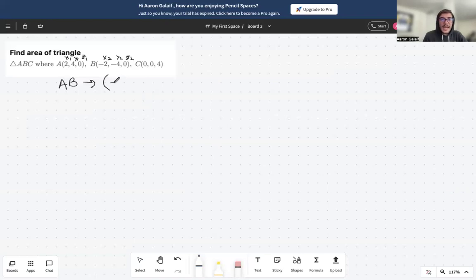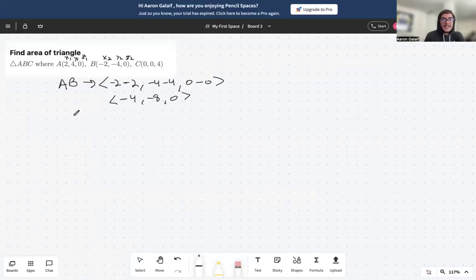So we're just going to take x2 minus x1, y2 minus y1, and then z2 minus z1. Cool. This is going to create our vector. Nice and easy. Let's make sure we put it in component form. So we see that this is going to be -4, -8, 0. That is going to be the vector for AB.